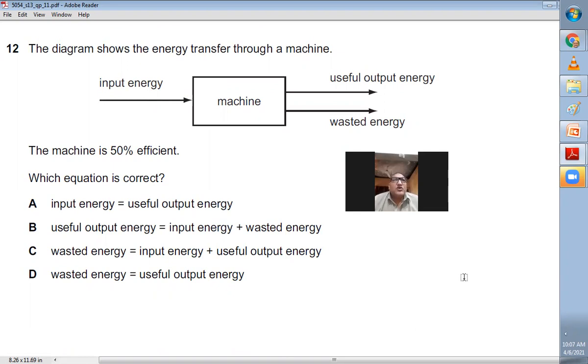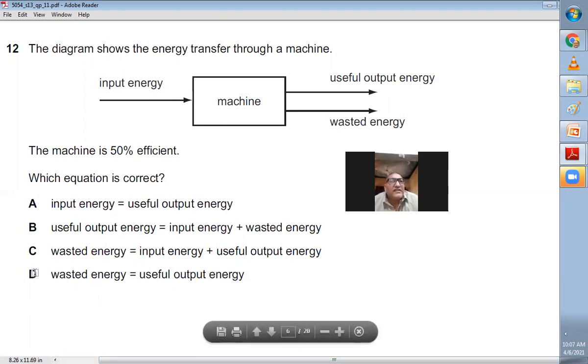The diagram shows the energy transfer through a machine. The machine is 50% efficient. Which equation is correct? When a machine is 50% efficient, it means that if the input energy is 100, then 50 joules of energy will be wasted and 50 joules of energy will be useful. So the wasted energy and the useful output energy should be equal to each other.